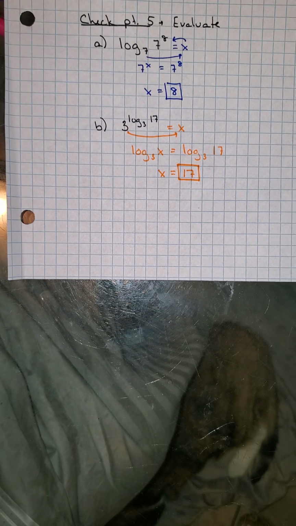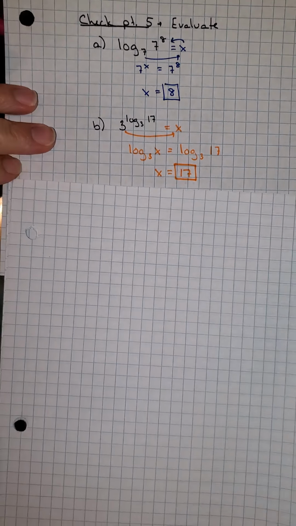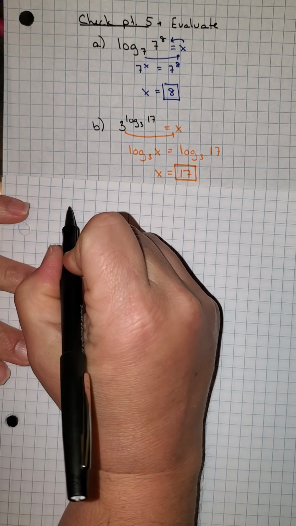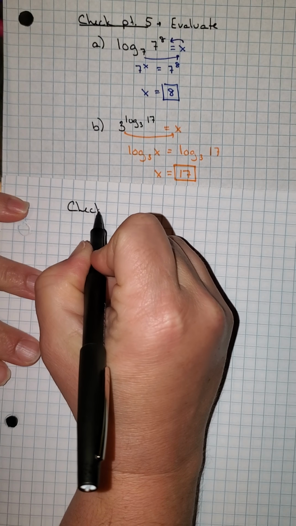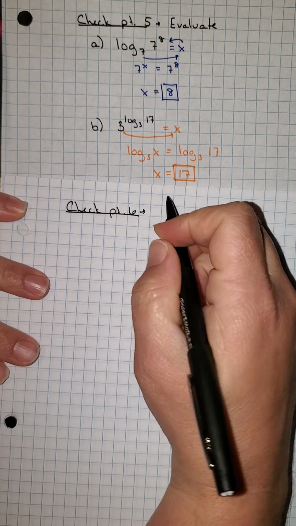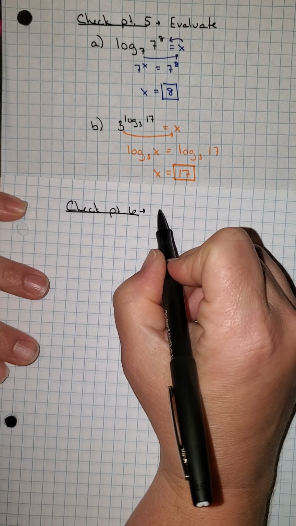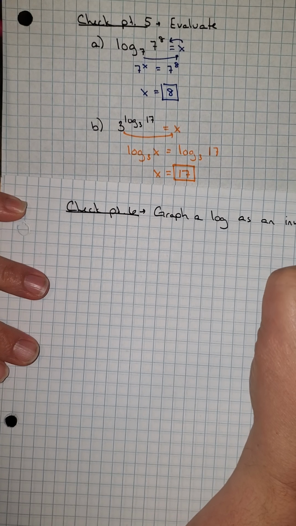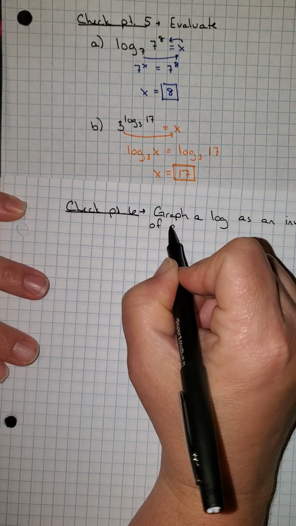Okay, so that is evaluating logs. Next thing we're going to do is graph logs. And we're going to use our graphs of exponentials to teach us how to graph logs. So checkpoint 6. We're going to graph a log as an inverse of an exponential.